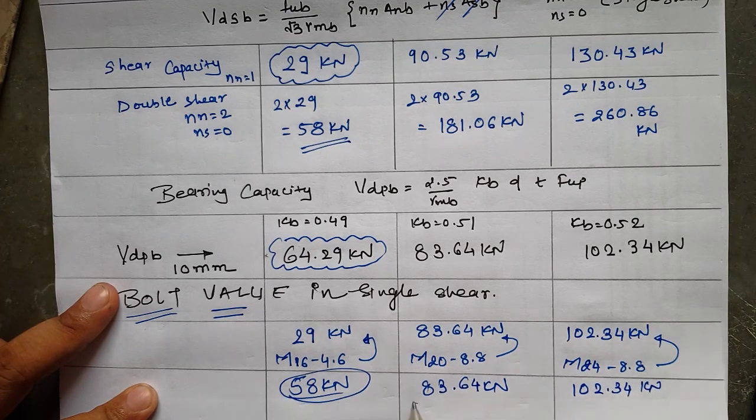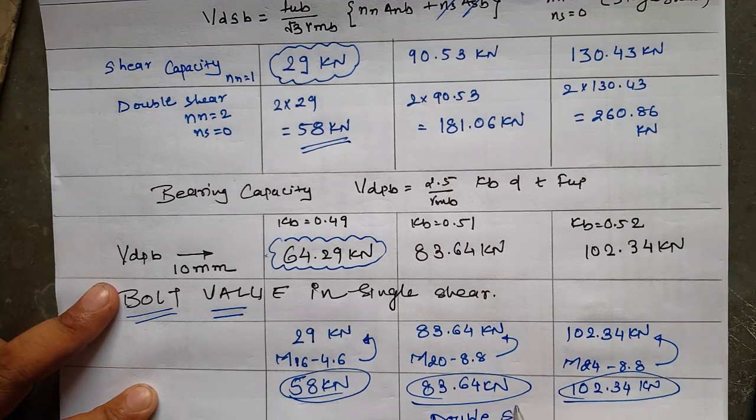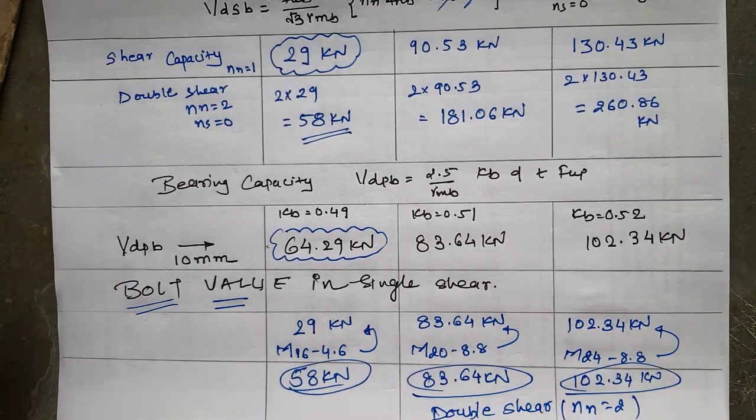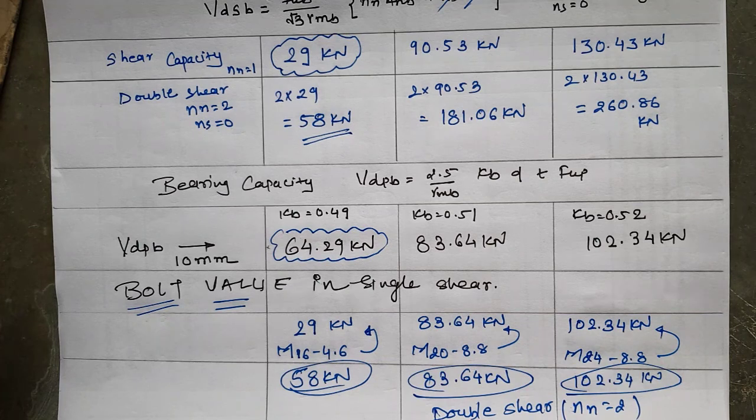These values are all for double shear, Nn equal to 2. So these are the different values for different bolts as well as different grades. You can calculate different combinations of grades with the bolt and calculate the bolt value, and that bolt value is directly used in the calculation of a lap joint, butt joint, or any type of bolted connection.